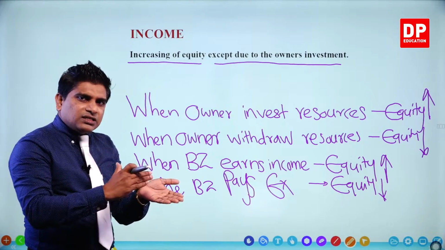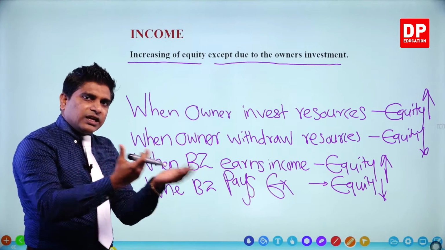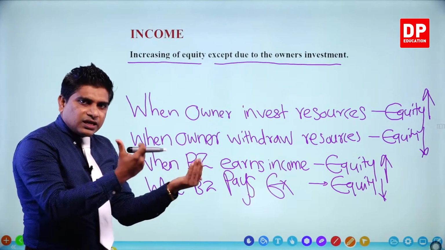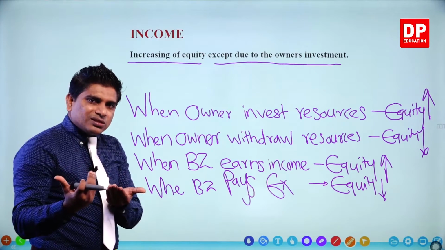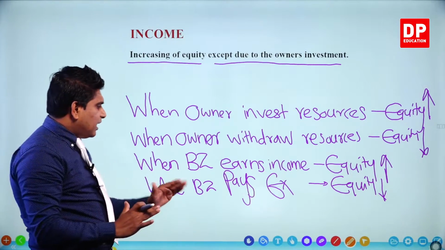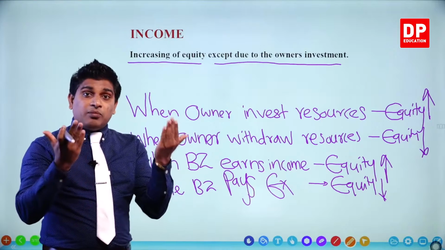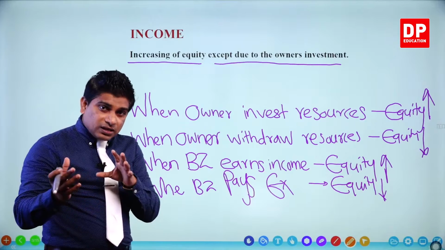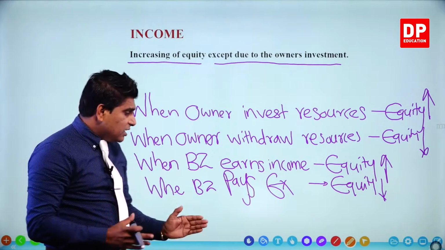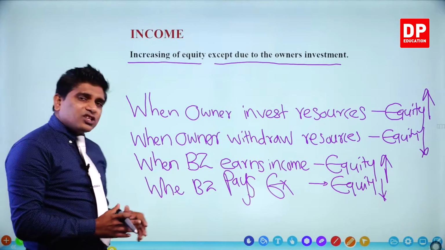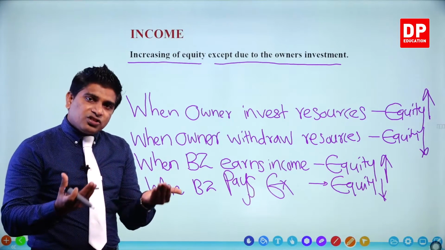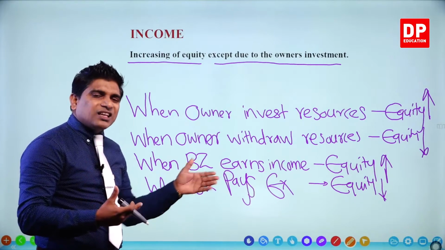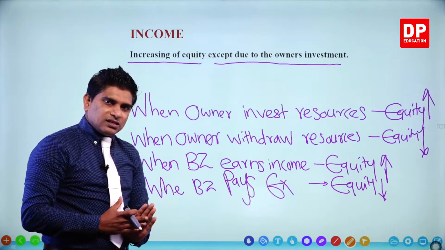But the opposite is when the owner withdraws resources, takes money, or withdraws motor vehicles and computers for personal use: equity decreases, right? The other one is when the business earns income, equity increases. The other way, when the business pays expenses, like the water bill, electricity bill, advertising, employee salary, equity decreases.